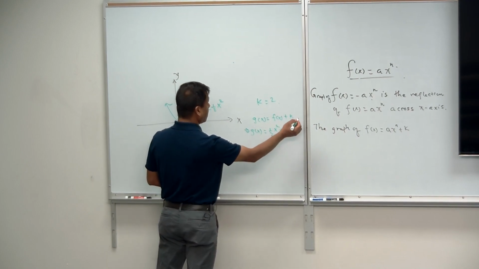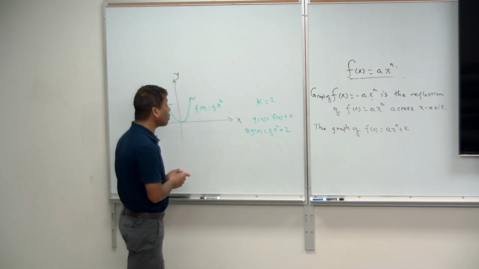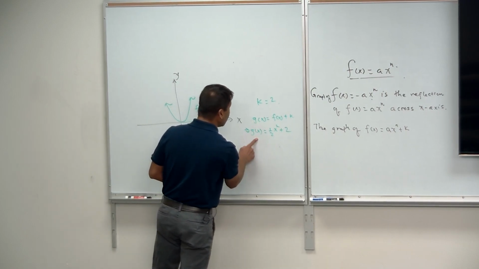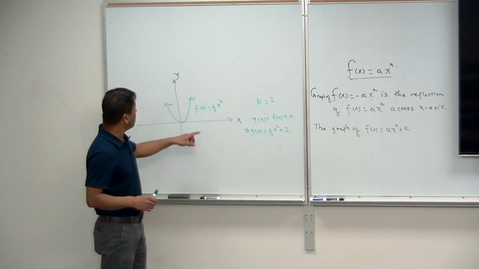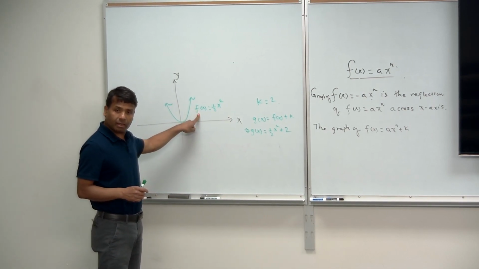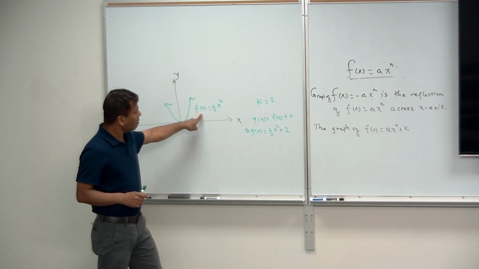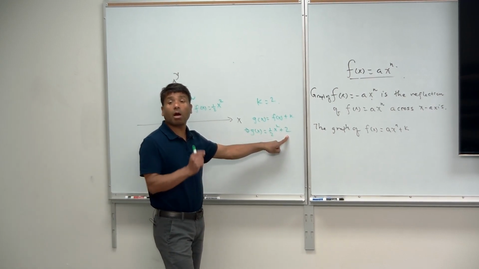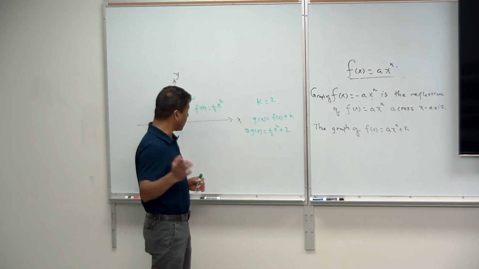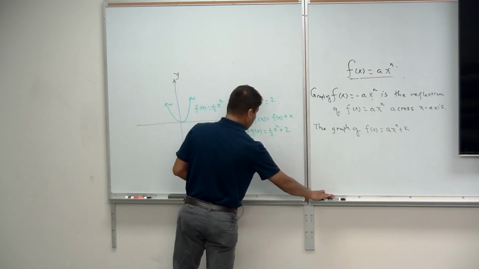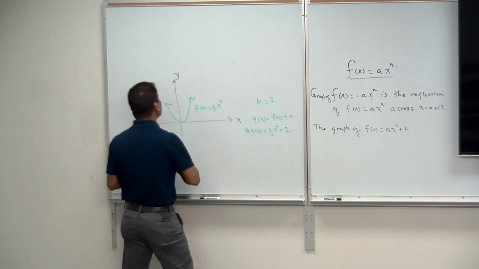K is 2, right? So now half x squared + 2, the graph of this is the vertical shift of this, by how many units? 2 units up. We did that last time also, if you remember. So you shifted this 2 units up.